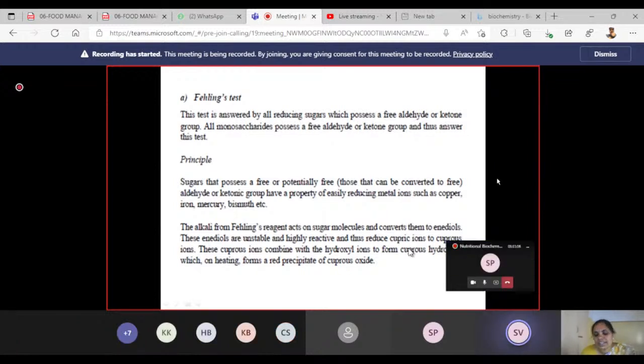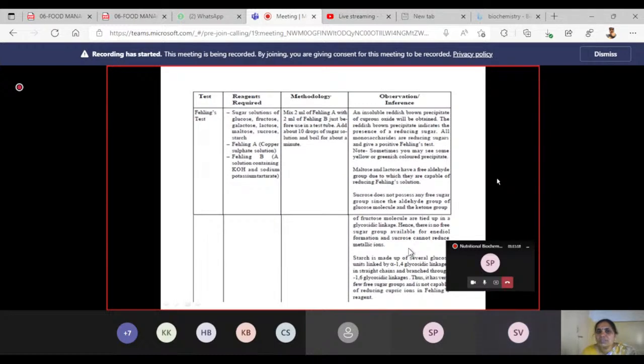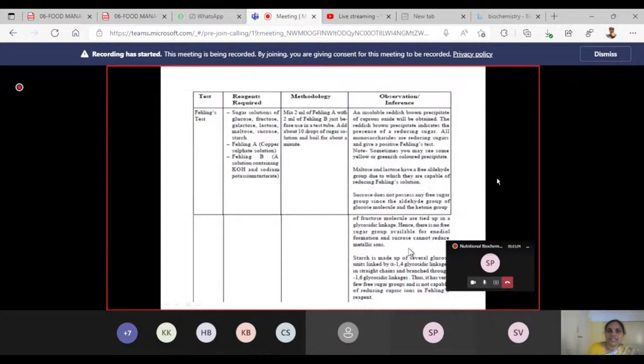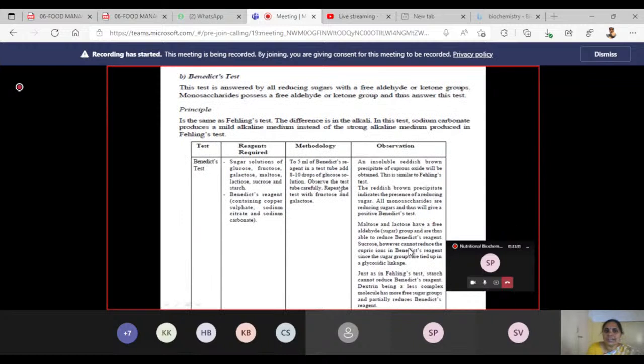Both Fehling's reagent and Benedict's reagent will give you an alkaline medium. In case of Fehling's reagent, KOH is present, which is providing the alkaline condition. In case of Benedict's reagent, sodium carbonate is present, which will provide the alkaline condition.